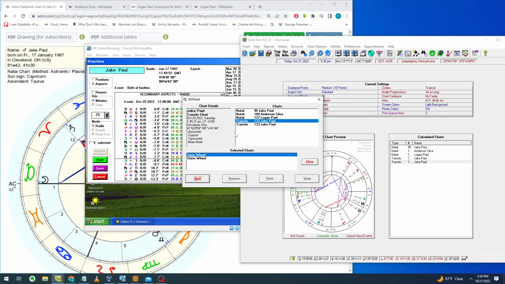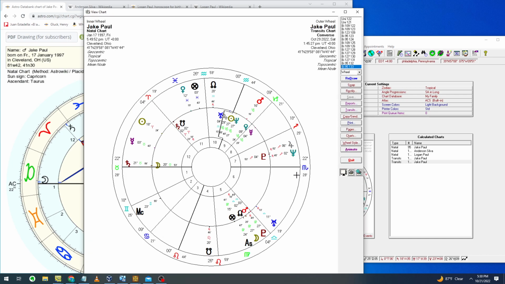So if we look at converse transits, again there's a sextile from Jupiter to the midheaven. We can see here the Saturn on the ascendant. I don't think it's enough to produce a loss.